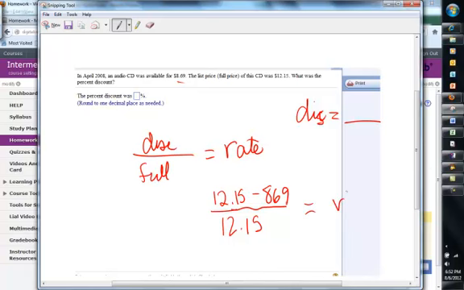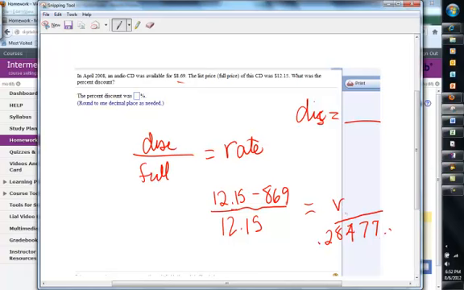So let's press that on our calculator. And to do that, we could use the fraction key. 12.15 minus 8.69 divided by 12.15 equals, and we get 346 over 1215, which we wanted as a decimal, and my calculator says 0.284773, and all of these digits repeat.